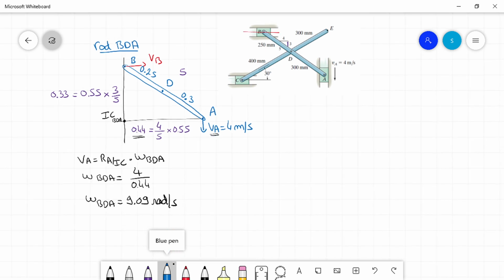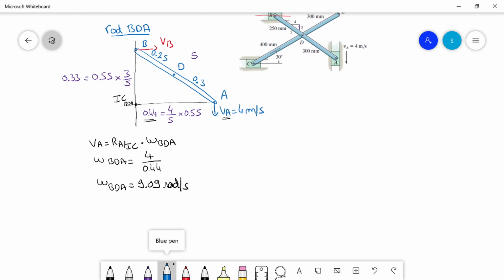That's okay. Now that we have omega BDA, which direction is omega BDA? VA is going down, VB is going to the right. So omega BDA will be in these directions, that's in the negative direction if you want to draw the directions.